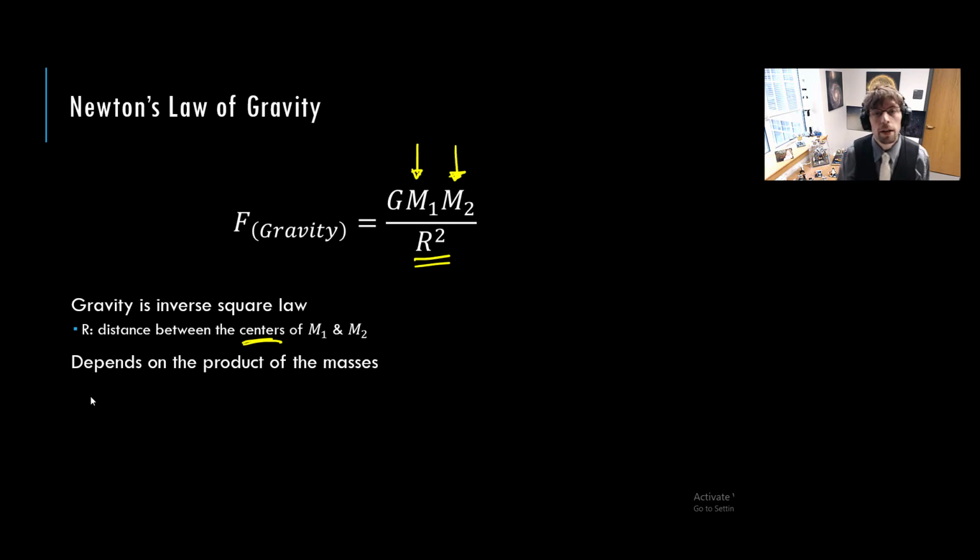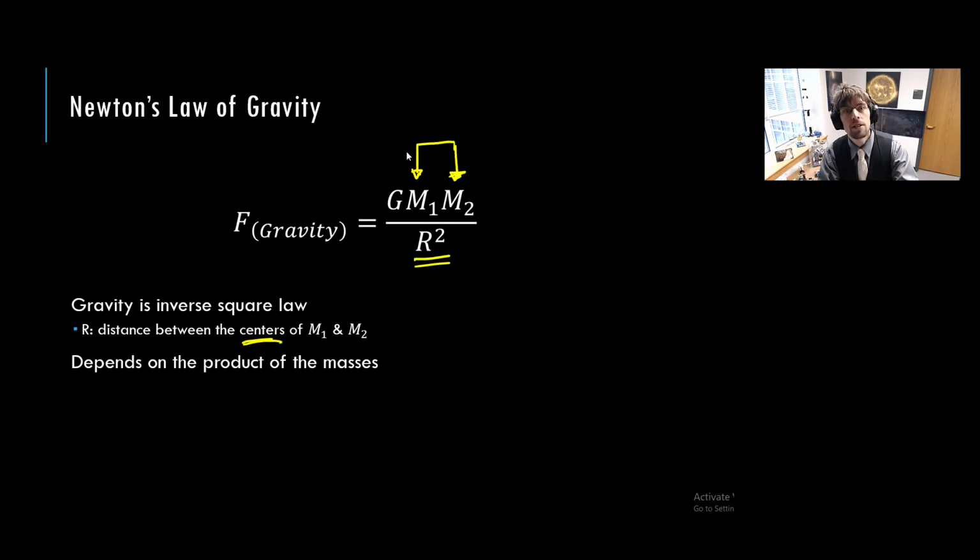The second one, as I've highlighted, depends on the product of the masses. If you have mass, then you are exerting a gravitational influence on all other objects that have mass. You don't feel it right now. Like right now, you are exerting a gravitational influence on the computer and your computer mouse and your keyboard and so on.